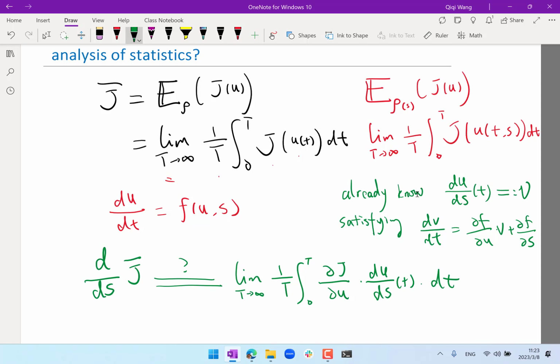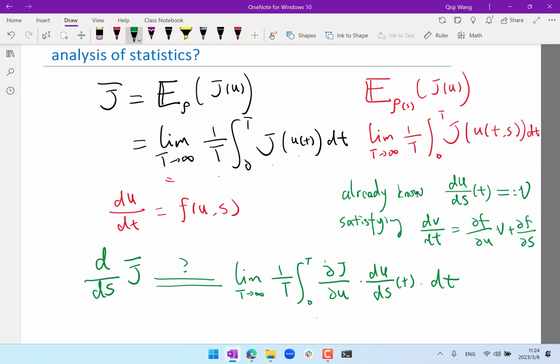So this is simply an application of the chain rule. The only questionable part is if we can take the derivative inside the limit. Everything else is just standard calculus. Remember the integral: both sides of the integral don't depend on s, so we can take the d/ds into the integral, and then dj/ds, of course, is dj/du times du/ds. There is nothing wrong with that.